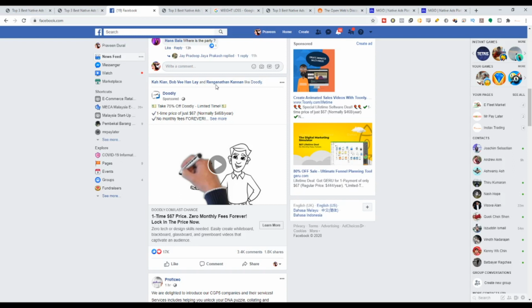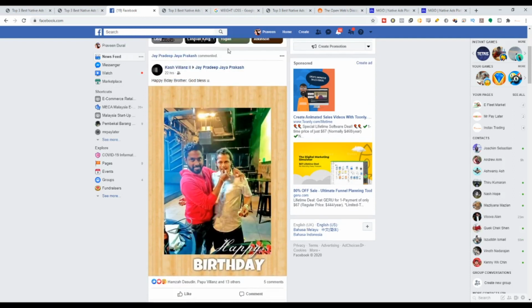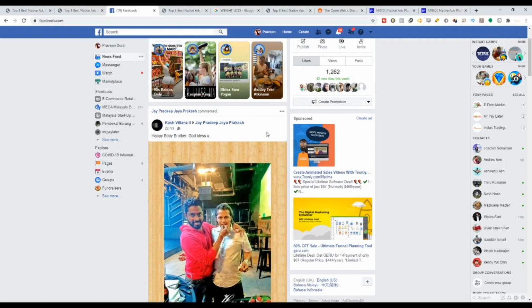This is the reason they put a sponsored, ad or promoted label here, so that you will know exactly that it's not deceiving any audience. It's clearly stating that it's a sponsored ad, but it looks exactly the same as a normal Facebook post.